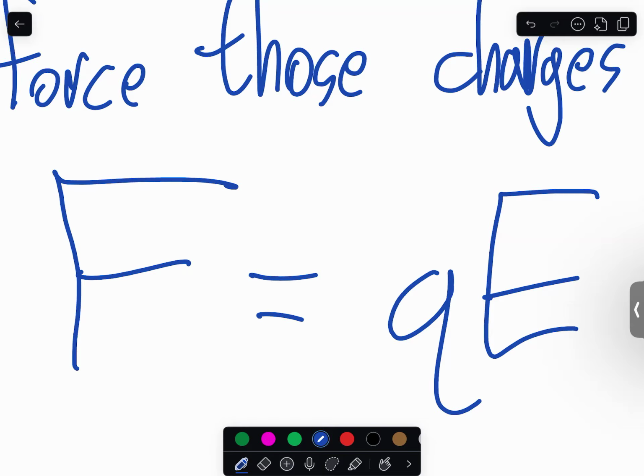Q is everything you need to know about the thing which feels the force, feels the electrical interactions. E is everything you need to know about the dealers. Once you've calculated E, you don't need to know anything about that which experiences electric field. You only need to know about the things that create, exude, emit, emanate the electric field. Once you know E from the emanators, and once you know Q from the things that feel, multiply, baby, and you're done.